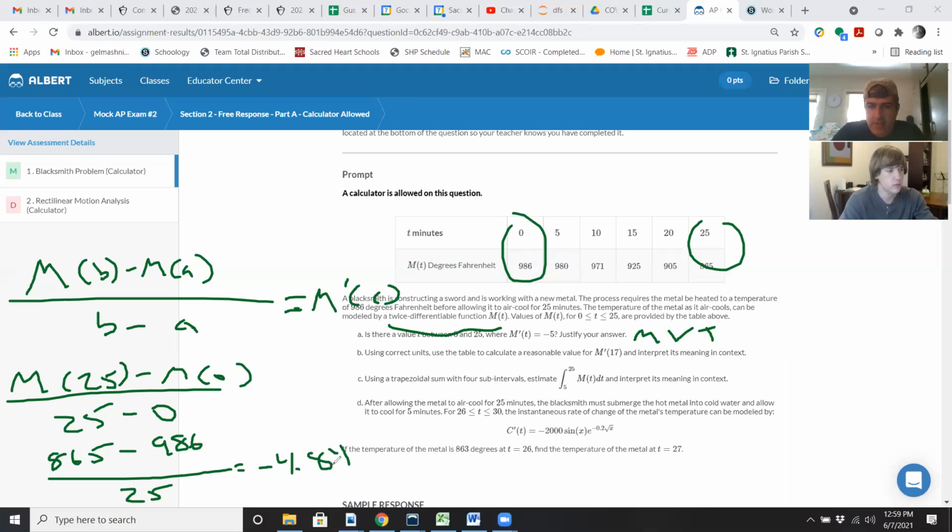And it looks as though that's probably the biggest average value I get, or lowest, because it's negative. Let me look at any other possible intervals. I don't think I could ever get close to exactly -5 or less than -5. Actually, let's do this.